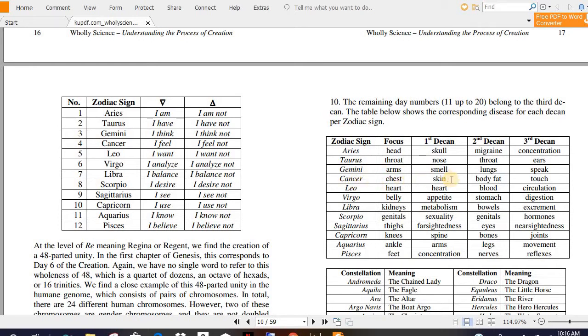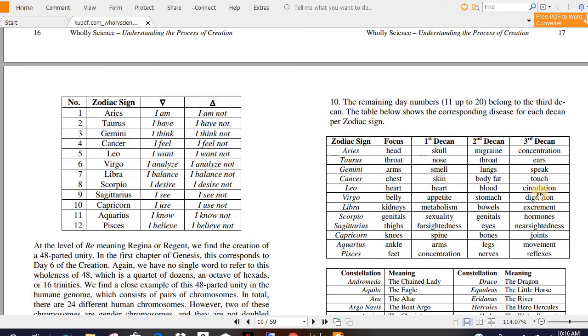So, Cancer: chest, skin, body fat, touch. Well, that's it. We got heart attacks, skin ailments. Both my daughters have, shoot, what is that? Skin disease where you get a rash. I'll think of it in a second. Oh man, body fat. Yep.